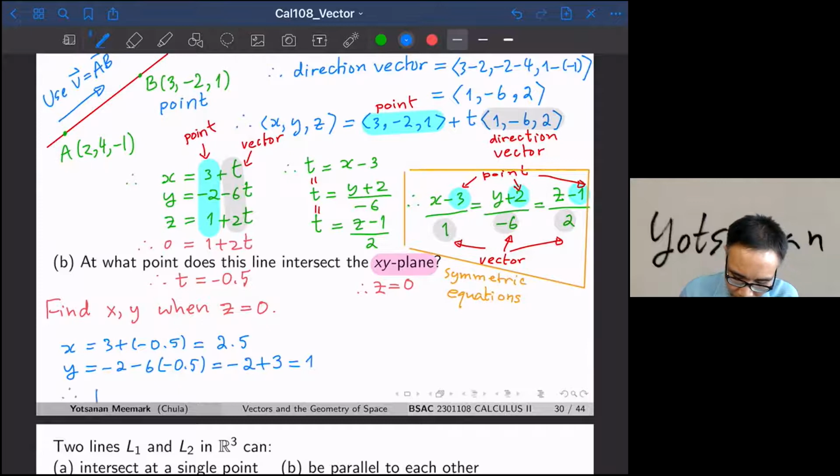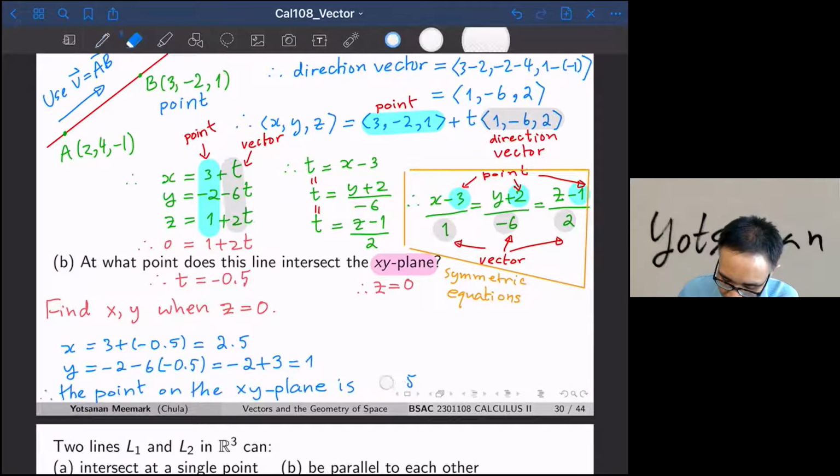So the point on the xy plane is (2.5, 1, 0).